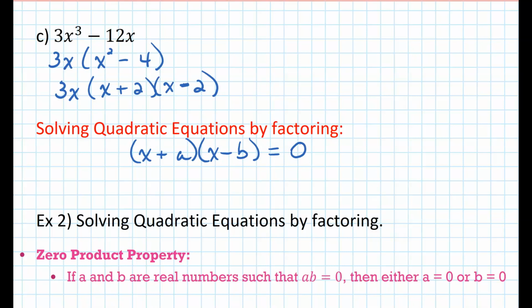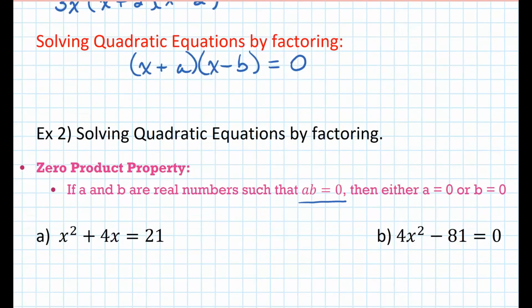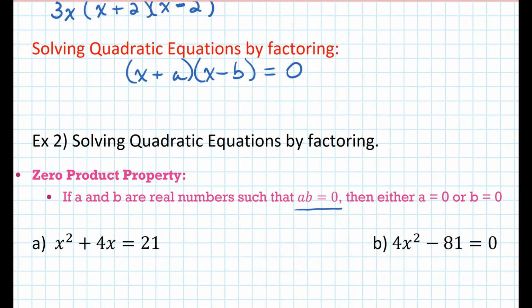Yes. Okay, so this comes down to using the zero product property, which tells us if you have any two terms being multiplied by each other and the product is 0, the only way for that to be true is that either the first term is 0 or the second term is 0.